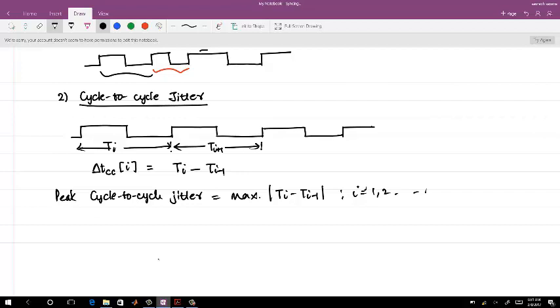In normal standards, 10,000 clock periods, or 10,000 samples, are taken for measuring cycle to cycle jitter.